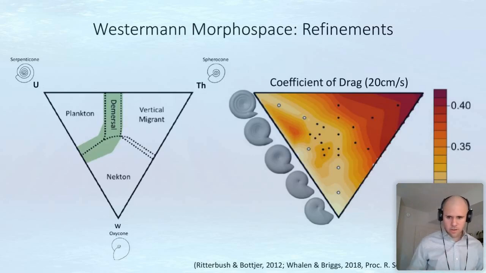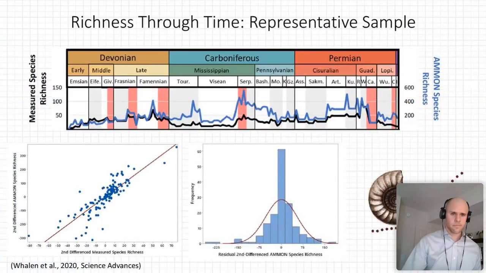You can see that the lines don't correspond one-to-one to the Westerman morphospace on the left, but that's not really relevant to our discussion of early bursts. What is relevant is that this clearly is a paleoecological signal.